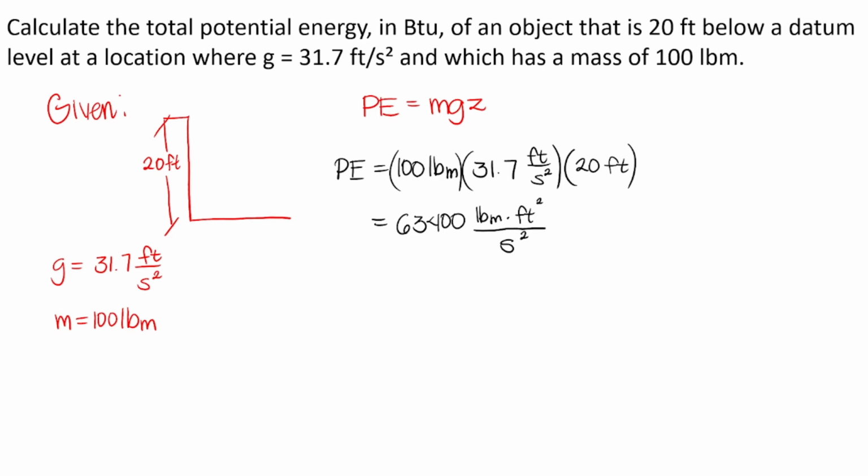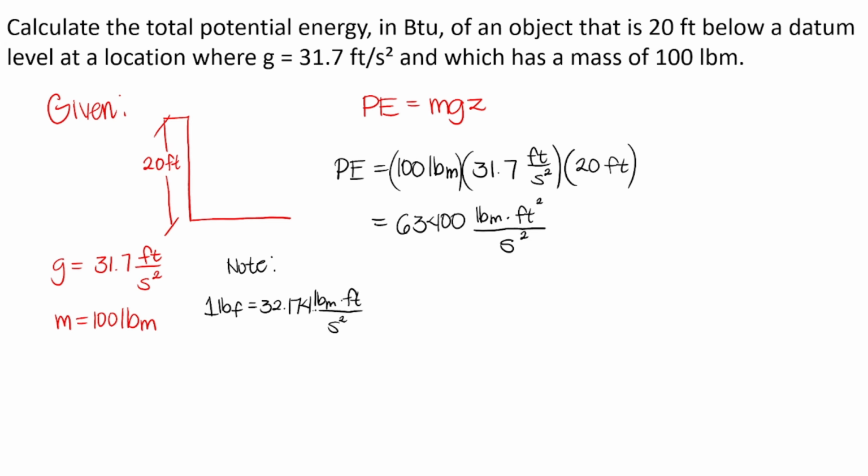So, what will we do now? So, we will just use again the conversion na 1 pound of force is equal to 32.174 pound mass feet per second squared.